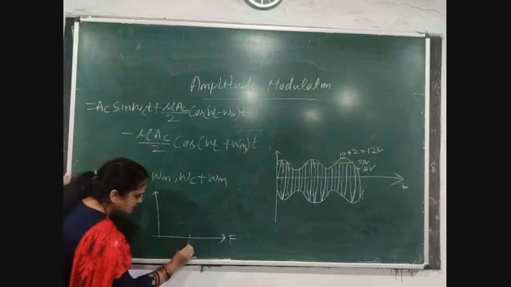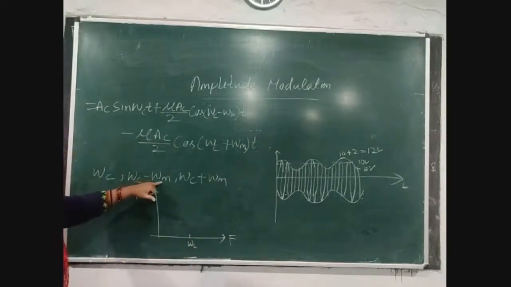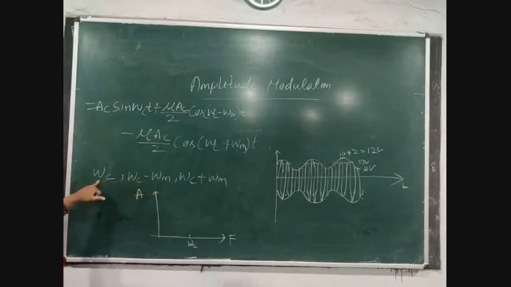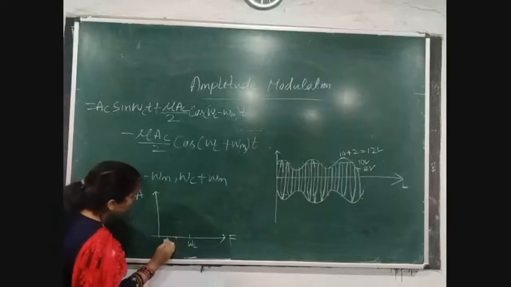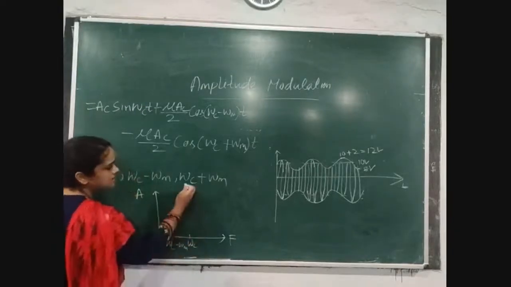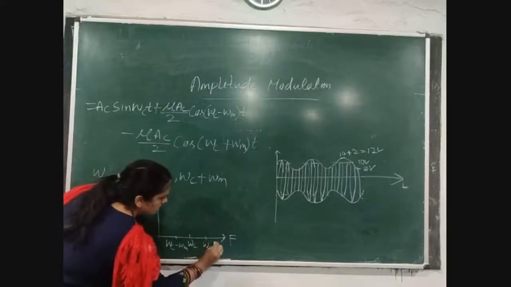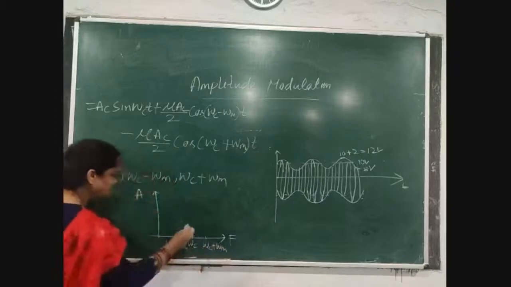Let's assume this one is the omega c point, then omega c minus omega m means the value is less than omega c. So before omega c we put the point omega c minus omega m, and after omega c we put the point omega c plus omega m.